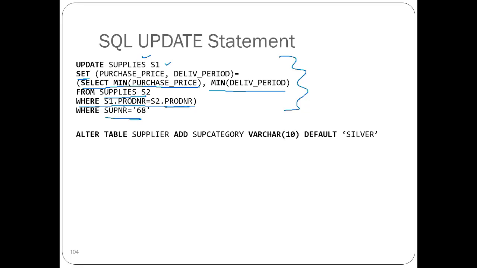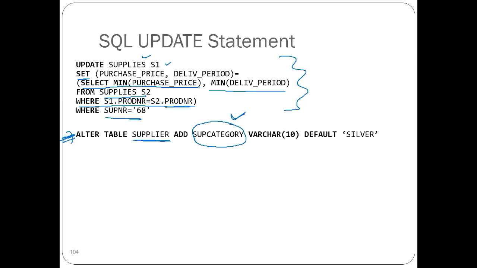All right, so let's move on, and the next update that we have is based on a table, right? So let's assume that we had to alter the table supplier, and in the supplier table that we have, we want to add one more column which is supplier category, right?